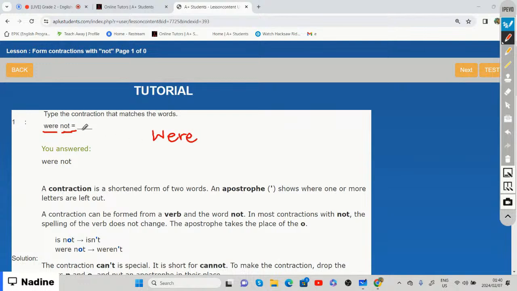And then not changes because we're going to drop the O, put the apostrophe in its place, and then our T. So weren't. Were not, weren't.